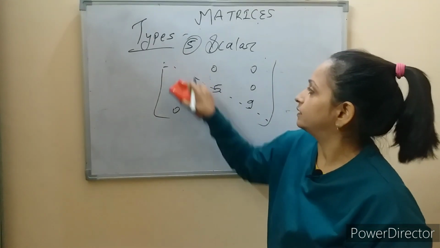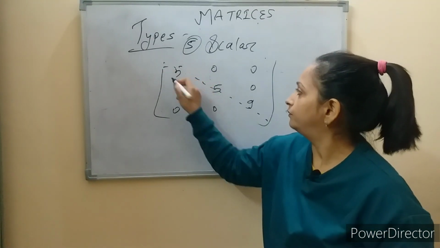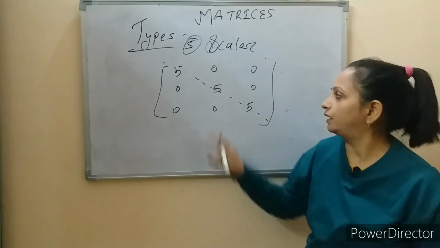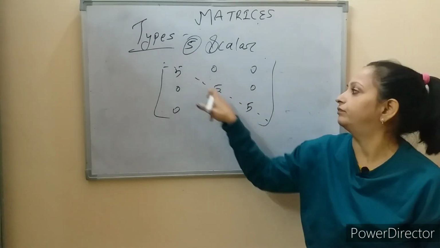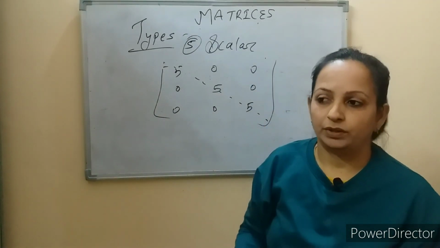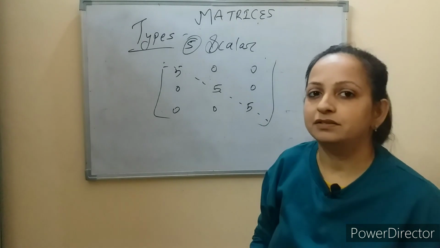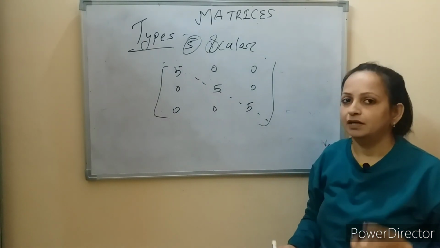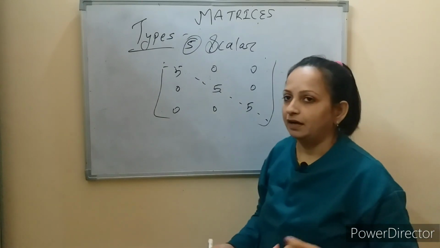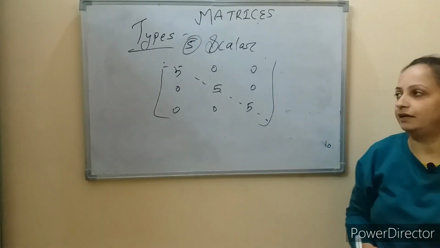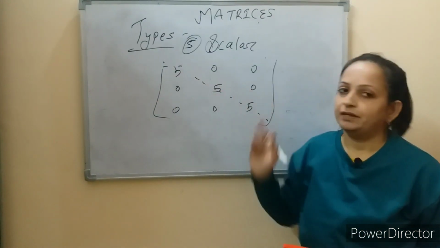Just for an example, if I write 5 here and here also, now we have 3 diagonal elements and all are 5, then it is called scalar matrix. So in the diagonal matrix we have the condition that only at diagonal positions we have the elements, but elements can be anything, and in the scalar matrix we have the condition that elements should be the same.